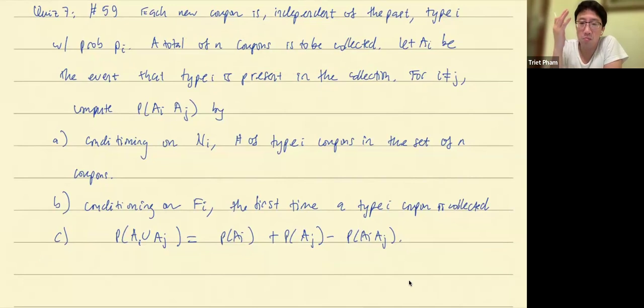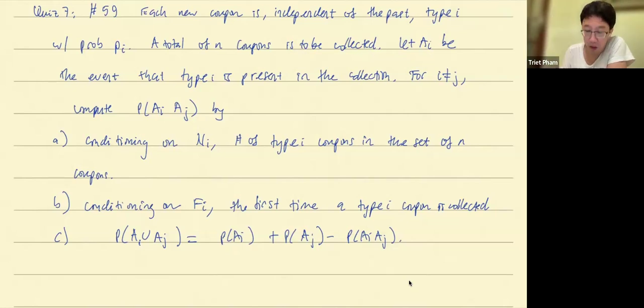Sometimes, remember, there's no fixed number of collections. You just keep collecting until you satisfy a certain criterion. That's called a stopping time. You collect until you have every type. How many coupons do you collect? That's random every time. It depends on when you get every type possible.